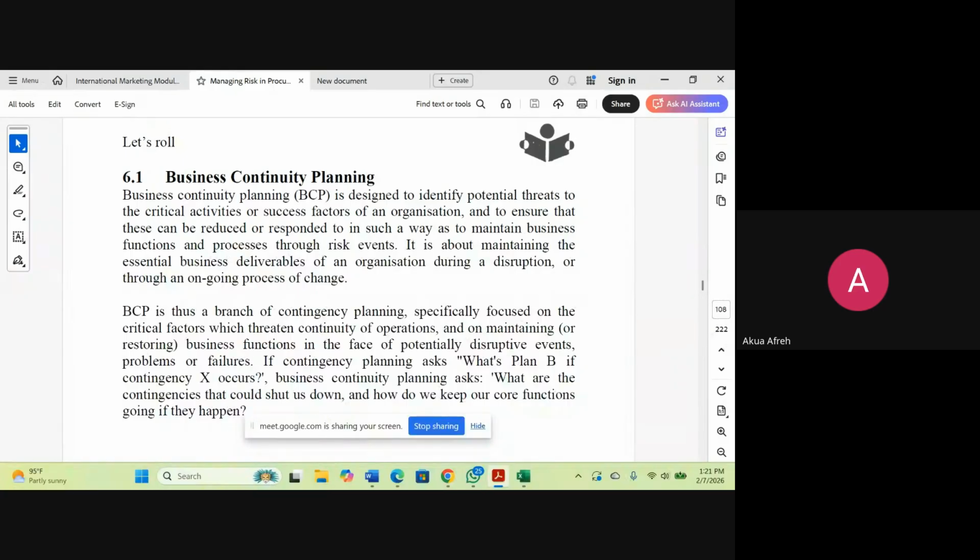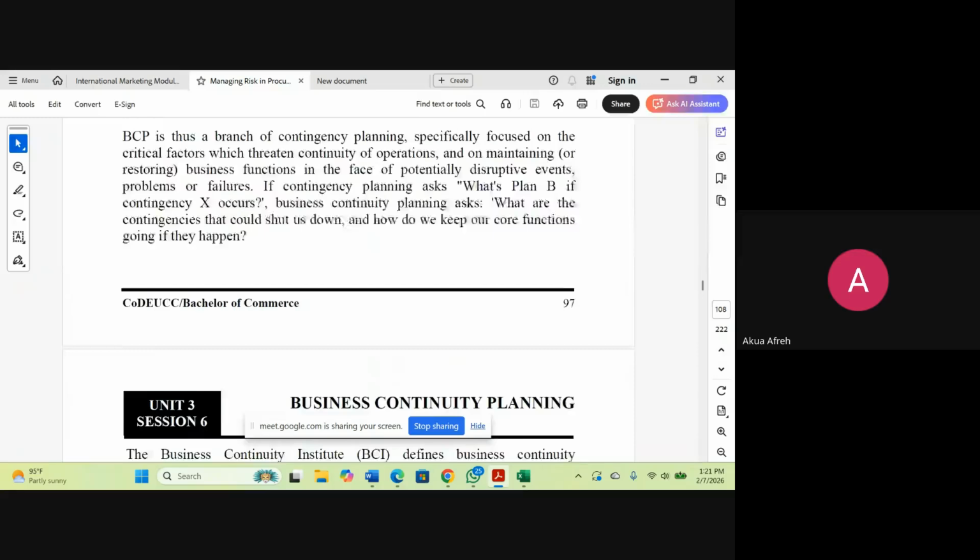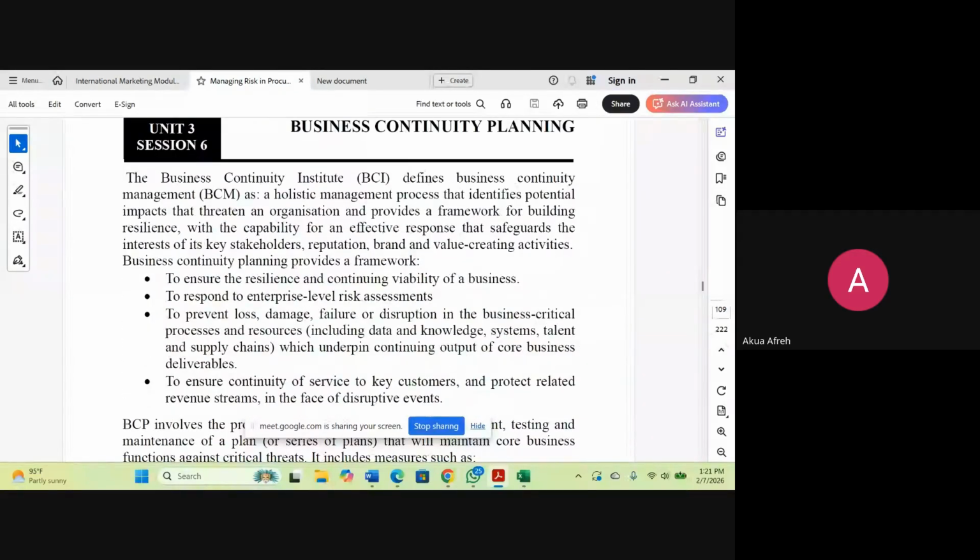So why is business continuity planning important in supply chains? One, it ensures resilience and the continuing viability of the business.